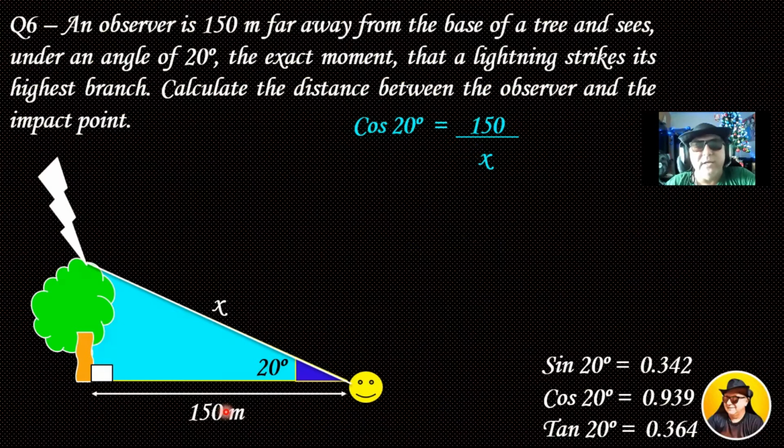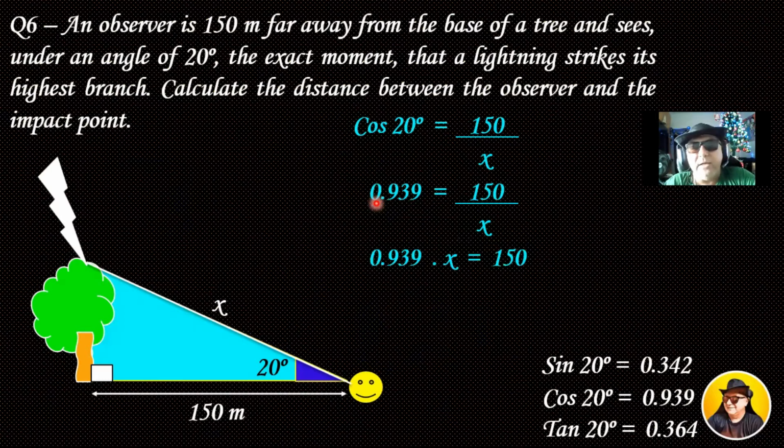Replacing cosine of 20 degrees, we have 0.939 is 150 over x. This x is going to be moved to the left side of the equation, multiplying this way. So the equation becomes 0.939 times x is 150.